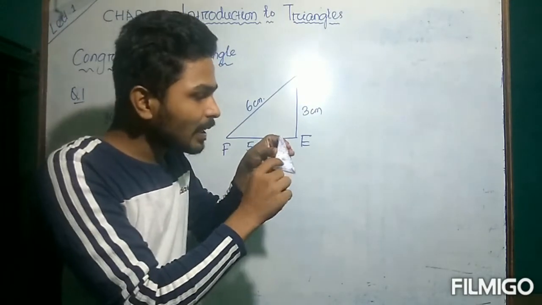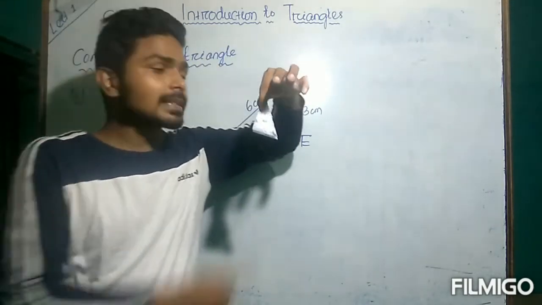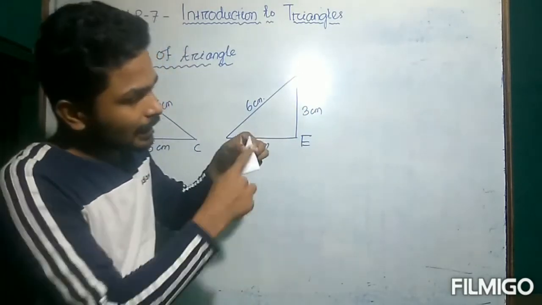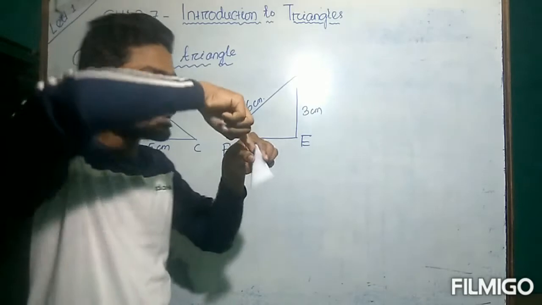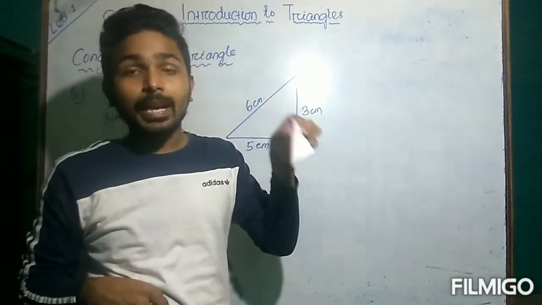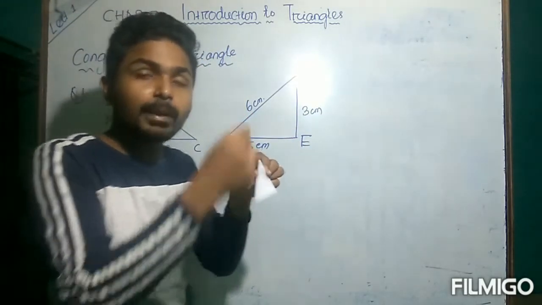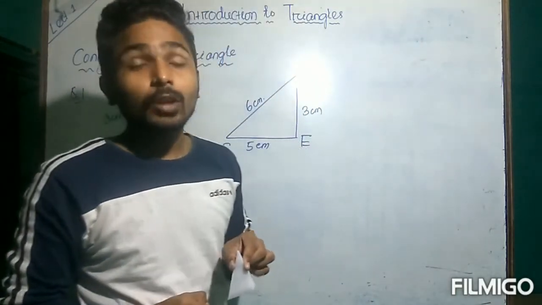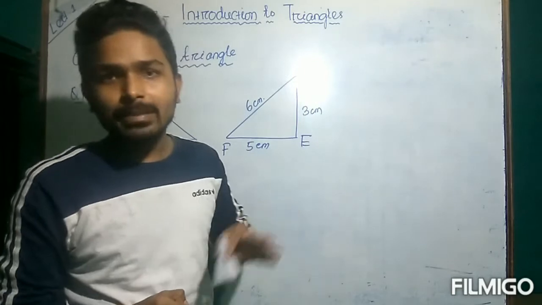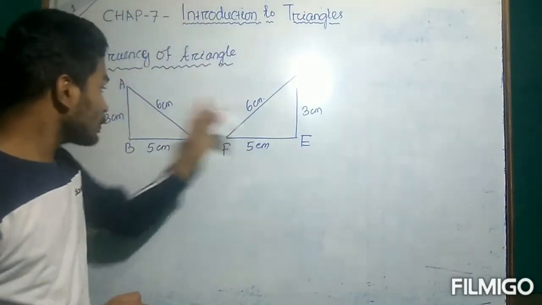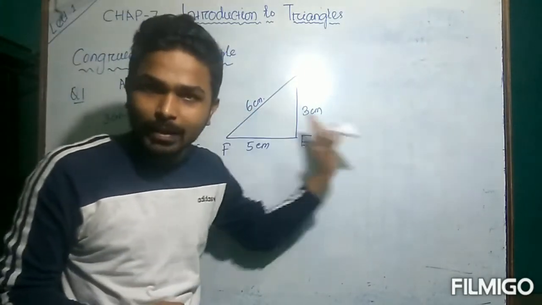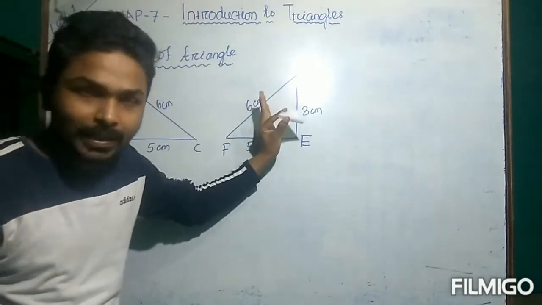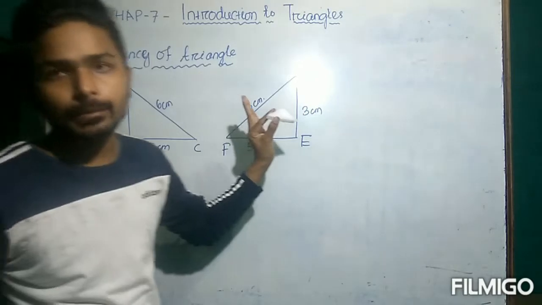The first triangle completely covers the second triangle. And you know, if one figure completely covers another figure, then the two figures are congruent and have the same shape. So though they do not seem equal, actually they are equal if we put one triangle over the other.